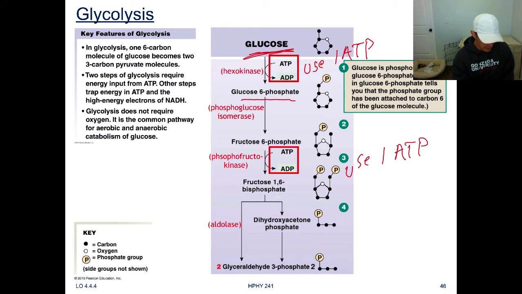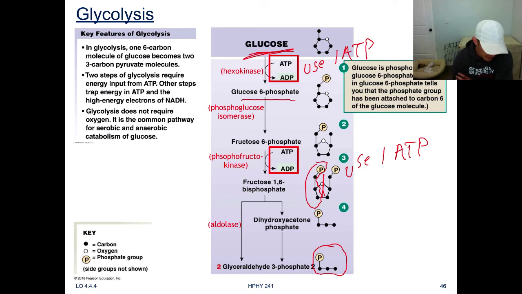So we basically are cleaving this molecule, and then we're left with a 3-carbon molecule with a phosphate group on the end. Okay, and that molecule is glyceraldehyde 3-phosphate.